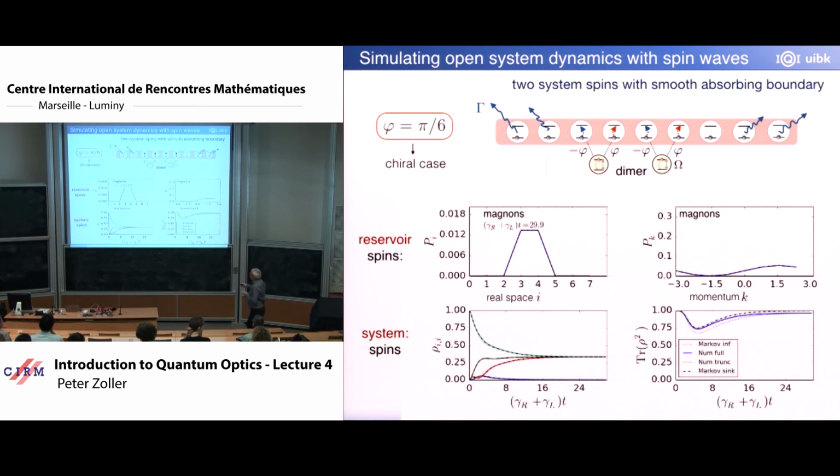Now what happens to the system spins? Maybe the most interesting part is this. If I have this big density matrix from over here and I calculate the reduced density matrix of this subsystem, you can see that the trace of rho squared, the purity, goes to 1. Why does it go to 1? Well, this is a pure dimer in the way that I tried to explain over here. As a consequence of all of this, you get a steady state solution of your continuously driven system.